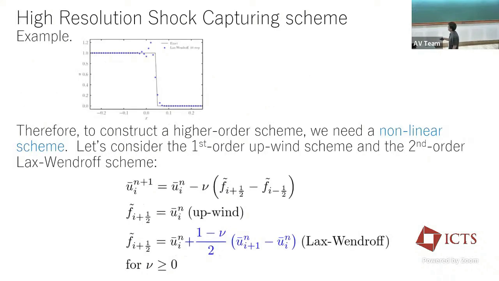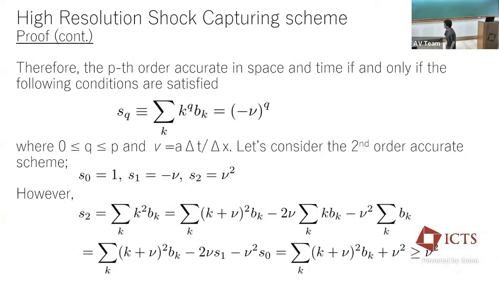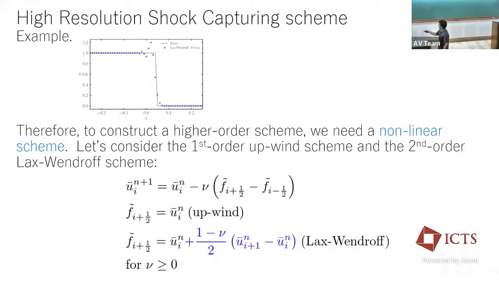So let's solve that initial discontinuity propagation problem with the Lax-Wendroff scheme. Then you have oscillations because this is second order. Also, this is a linear combination of u_i, right? So this scheme is written like this. This is a proof of Godunov's theorem. So you have physical oscillations for the second order time and space Lax-Wendroff scheme.